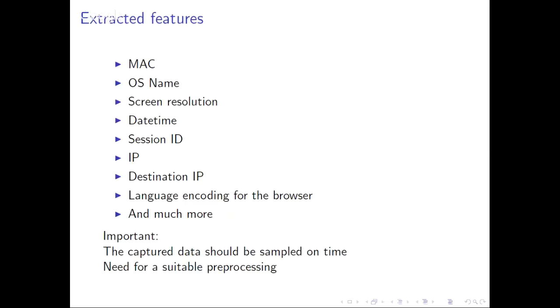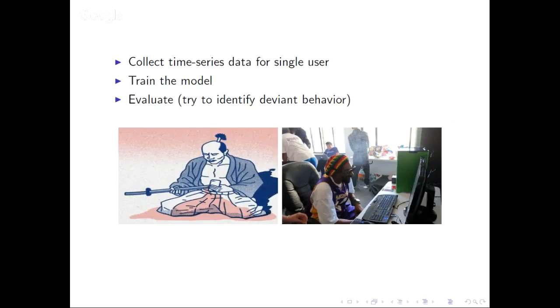So this work is dedicated to detecting such cases. First we collect time series data for a single user, train the model, evaluate, and try to identify deviant behavior, like addicts, suicides, terrorists, and so on.